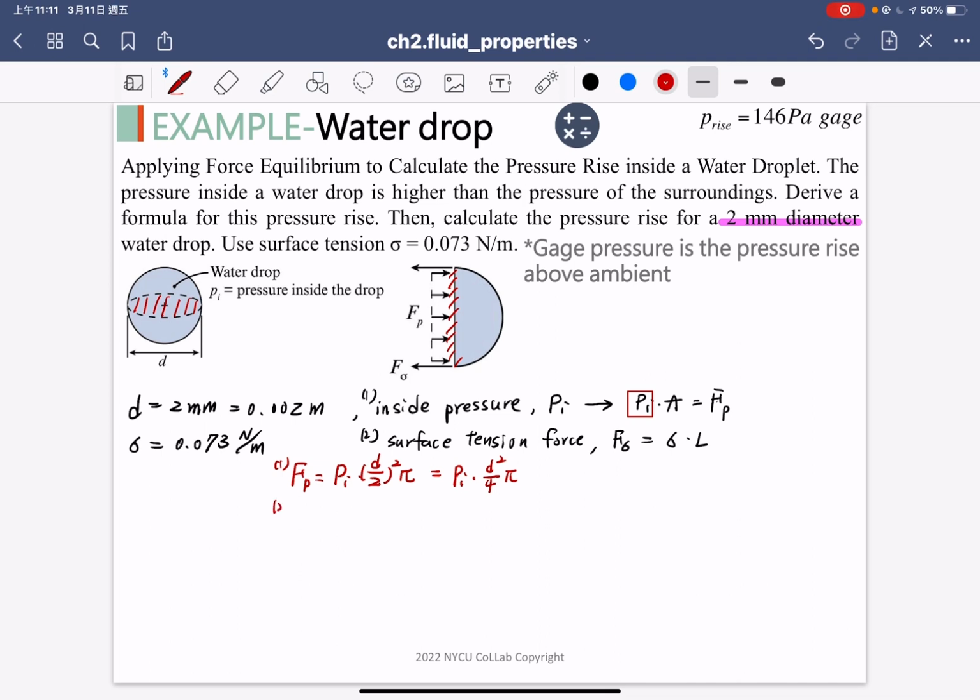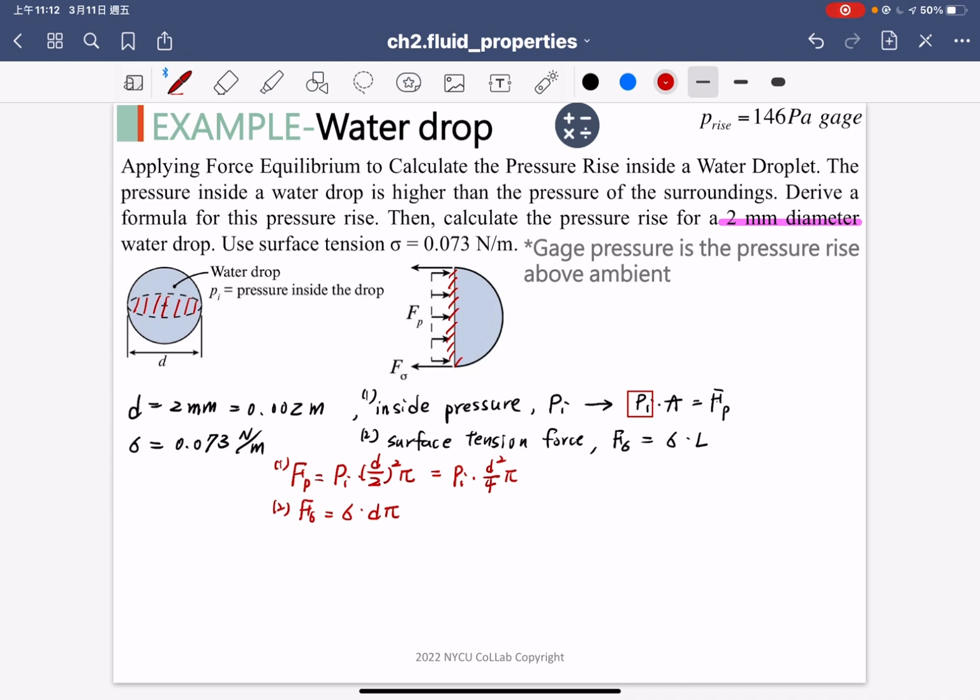And the second, the surface tension F sigma. We know sigma is the surface tension of the water. And how about the length here? Again, we consider the length is the circle length, the circumference of the circle, which is equal to D pi, right?